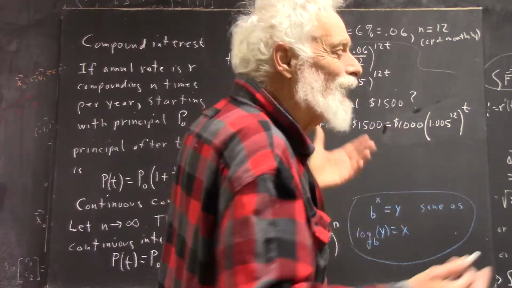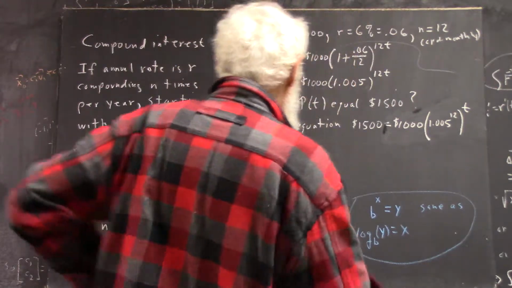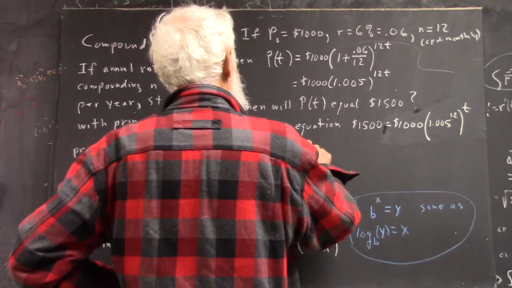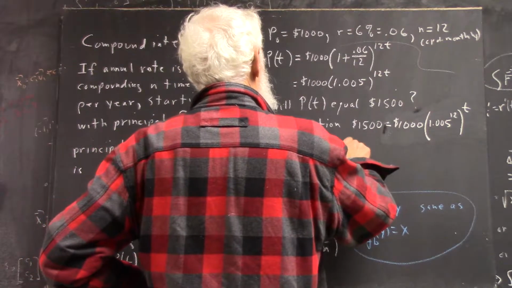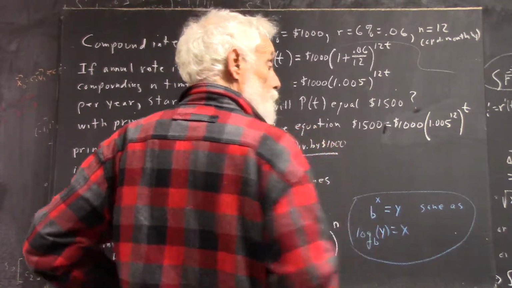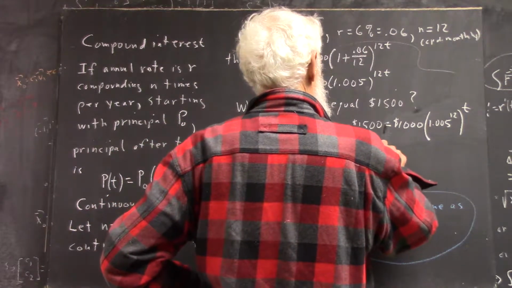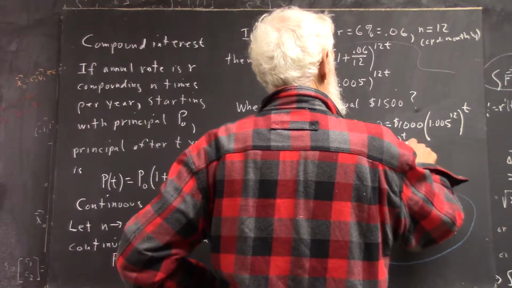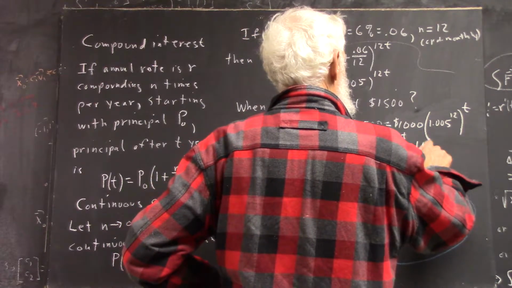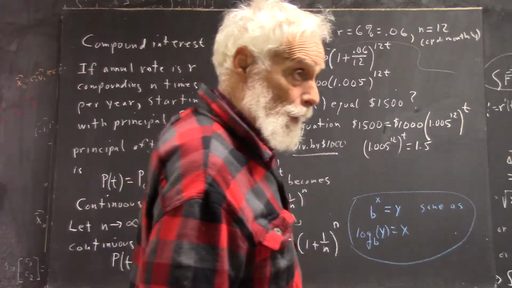Yeah, I know. The look on your face tells me, yeah, you know that perfectly well. So I'm going to say, and of course I mean divide both sides by that, and we're going to get 1.5. 1,500 divided by 1,000 is 1.5.